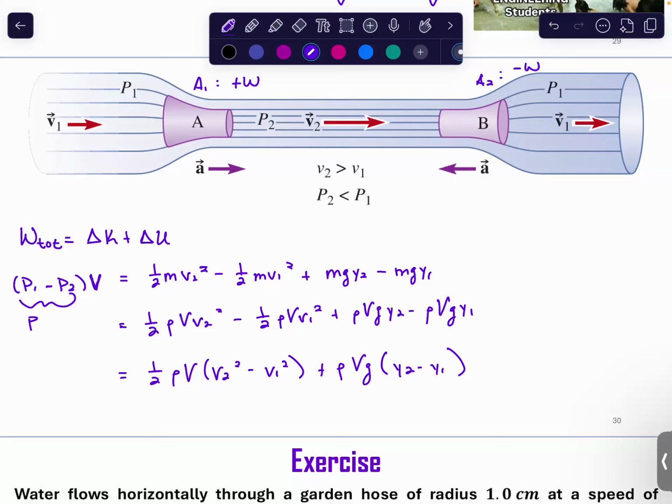It's a specific kind of pressure. What if I told you that delta P is called the what? Gauge pressure.